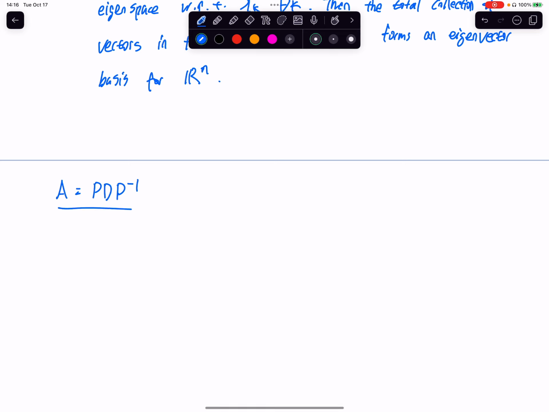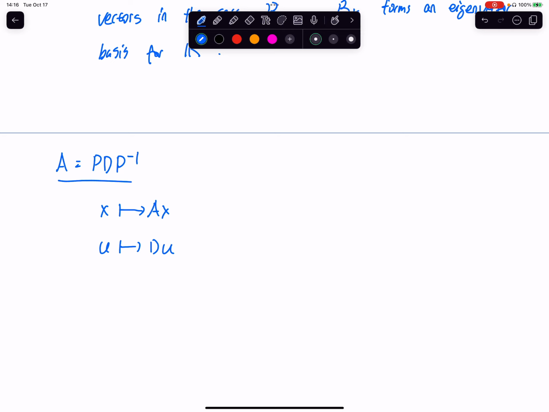That is, we want to see that x maps to Ax is essentially the same as the mapping u maps to Du. A similar interpretation applies to A and D, where D is now the diagonal matrix as we see above.